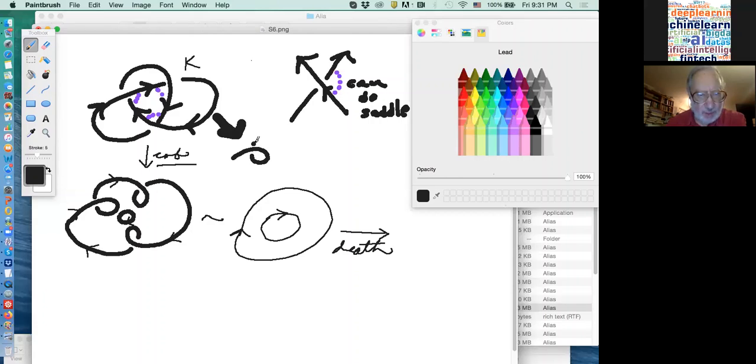Just going to do one saddle at a time. All right, that's doing one saddle. One saddle. And now I have two components.